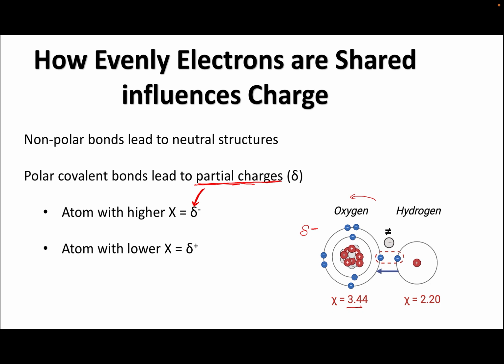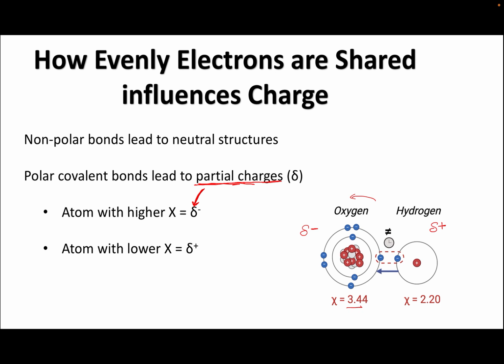Hydrogen is kind of getting the shaft here. It's got the lower electronegativity, so even though it hasn't given up its electron, it doesn't have as much ownership over it as the oxygen. It's spending more time with oxygen. And because hydrogen's electron is spending more of its time near oxygen, it ends up with a partial positive charge as a result.